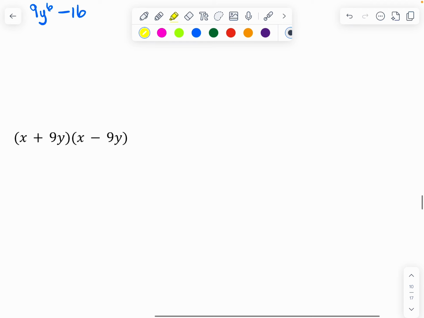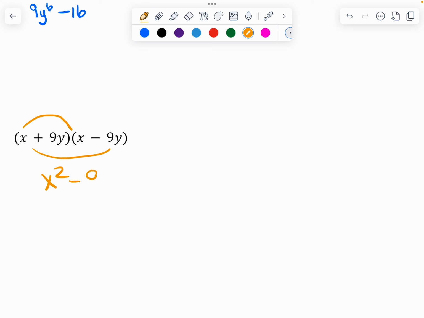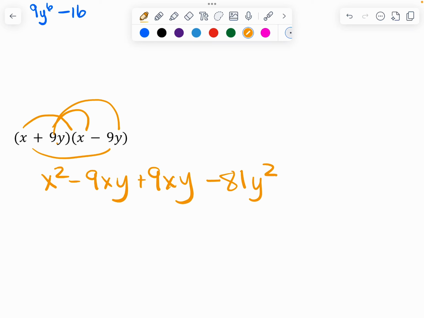And last but not least, I'll even do the FOIL method first for you. And I get x squared minus 9xy plus 9xy, and last but not least, minus 81y squared. The middles cancel out, and I have that.